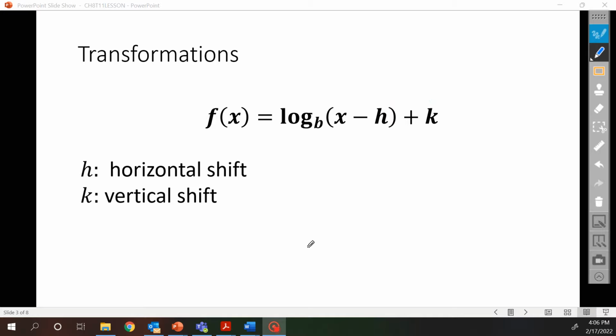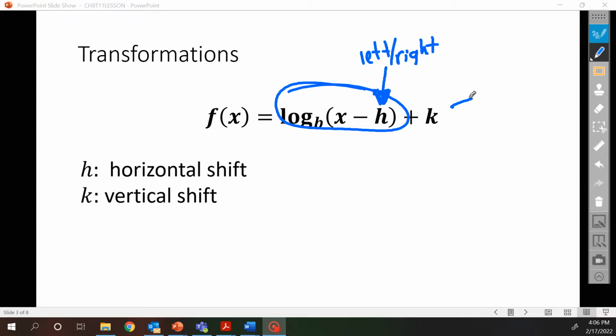However, this function has the same transformations as regular functions. Any value that is directly affecting the x coordinate will shift it left or right. Because that's inside the function, it directly affects the input of the function, moving the function left or right.